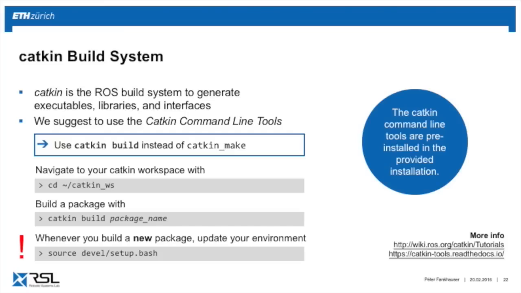So you have to re-source your console. You can either open a new console, or simply type in source, and then if you're in this folder, devel/setup.bash. This scans your environment again to make sure that the system is aware of your new node, your new package.